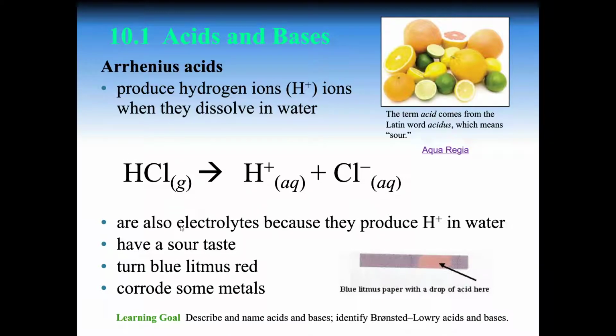It also is an electrolyte because we said an electrolyte is anything that has the ions in there and can transmit electrons. Some other key properties of acid is it has a sour taste, it turns blue litmus paper red, and it can corrode metals.